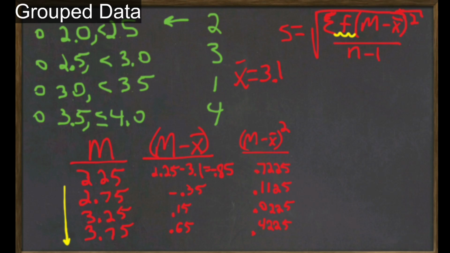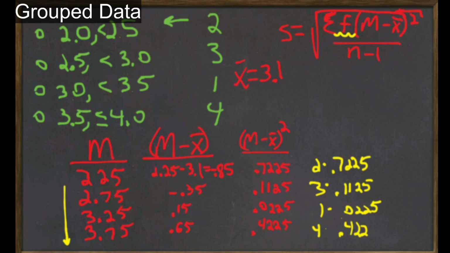Okay, so what we're really going to sum is 2 times 0.7225 and 3 times 0.1125 and 1 times 0.0225, and then lastly 4 times 0.4225.